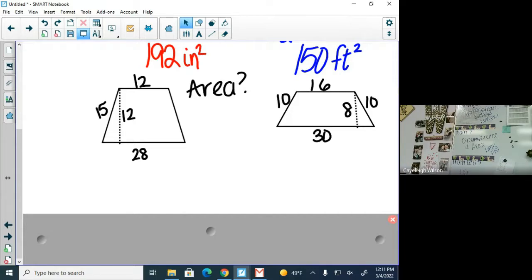Oh, just put units. Unit squared, yeah. So if they don't ever tell you what the units are, if they don't tell you they're inches or feet or meters or centimeters, unit squared.